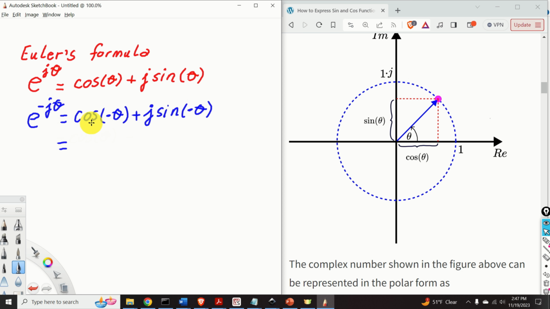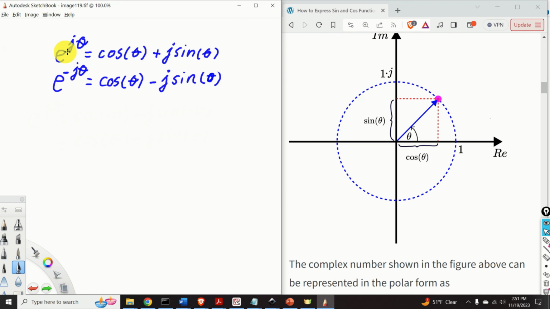Or, since cosine of minus theta is simply cosine of theta, and over here sine of minus theta is simply minus sine of theta, we write minus j sine of theta.